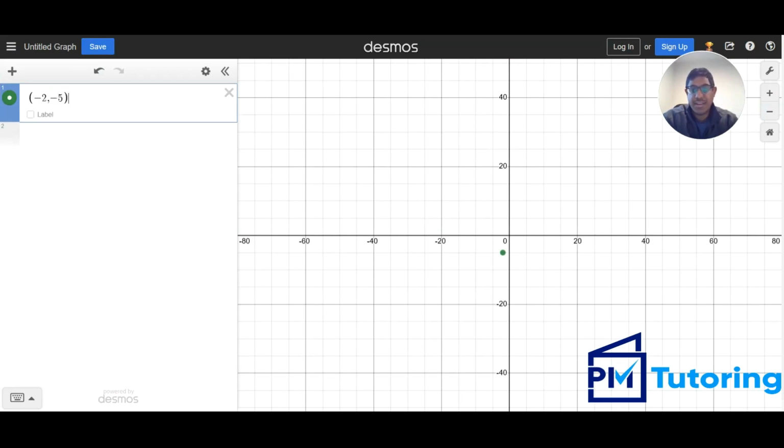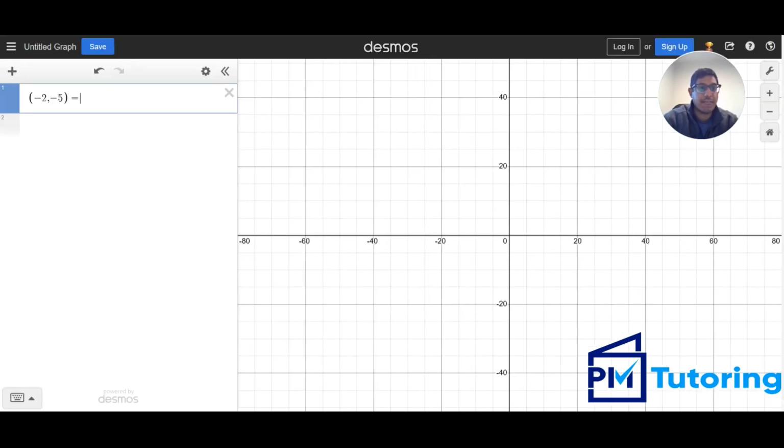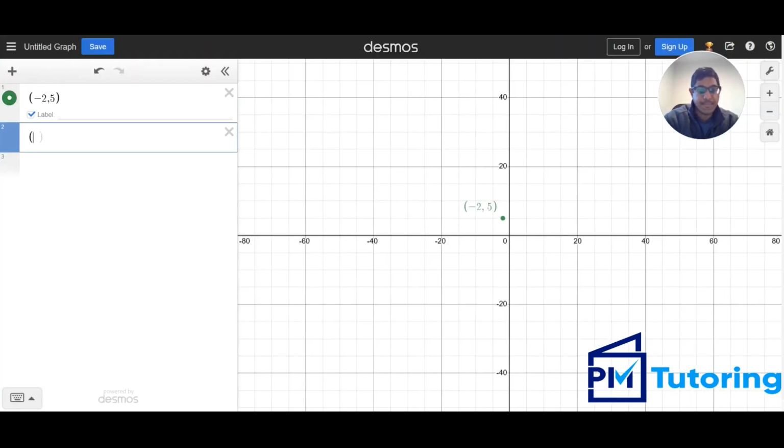We can see what's going on over here by just graphing that point, negative 2 comma 5, and we'll label that. And then one of the x-intercepts is negative 7/3 comma 0.